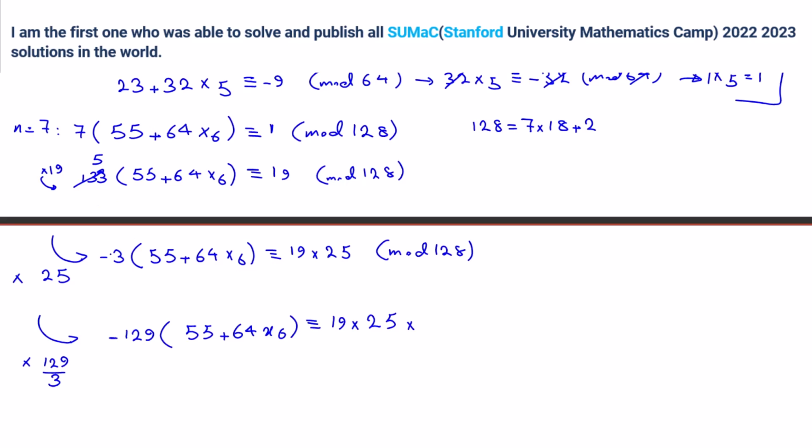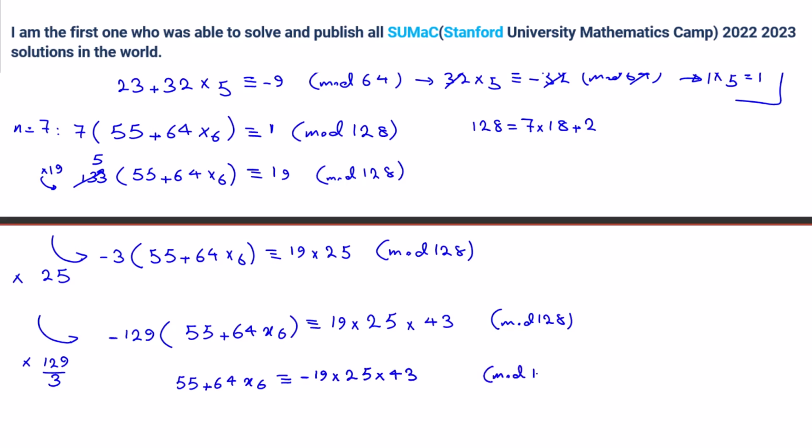No. 5 times 25 is 125, it's negative 3. No, that's correct. So this one times 43, right? Yeah. And we know that you can add 1 to 8, it is negative. So 55 plus 64x6 is congruent to negative 19 times 25 times 43, right?